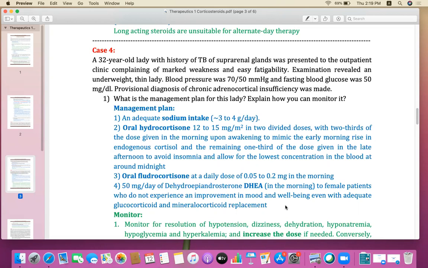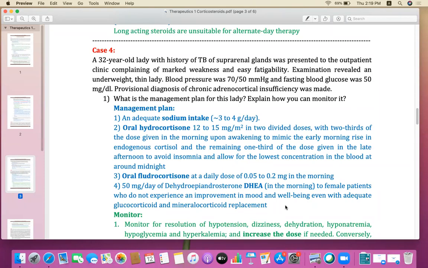So in this case, we have to take care of the blood pressure, and for this, an adequate sodium intake, plus you can use the normal saline solution, plus 5% dextrose is very important here.